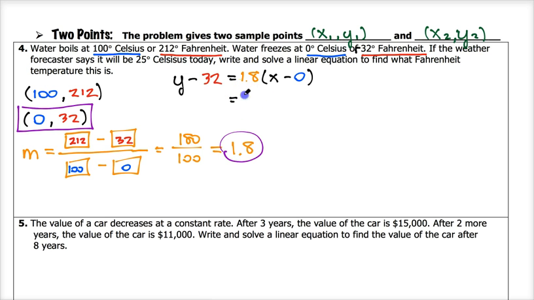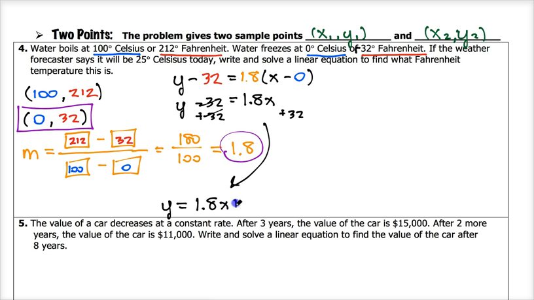If I distribute my 1.8, I get 1.8x, and then 1.8 times 0 is just 0, so I can just leave this as 1.8x. And then to solve for y, I need to add my 32 to both sides. When I do that, I get the equation y equals 1.8x plus 32.